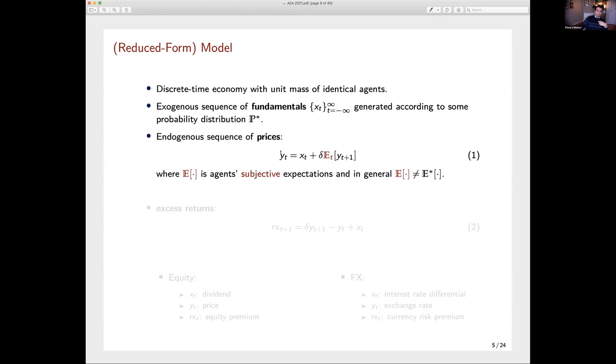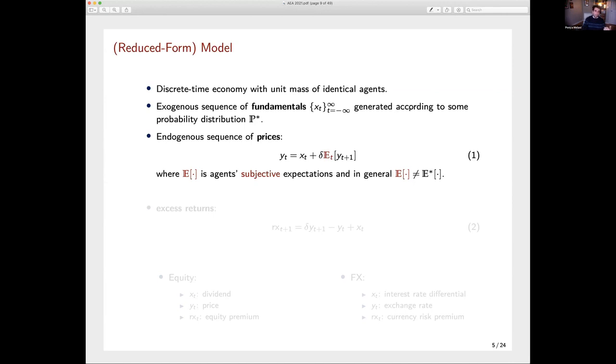So in particular, the price of the asset at time t is going to be equal to the dividend you get between time t and t plus 1, plus price at time t plus 1 discounted with some discount factor that's a parameter that's constant. And importantly, this is going to be according to the agent's subjective expectation. So the prices are determined by what the agents expect the price to be in the future. Now note that the agent's subjective expectations are in general going to be different than the true expectations that correspond to the true data generating process P star.